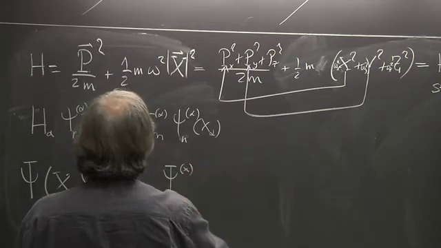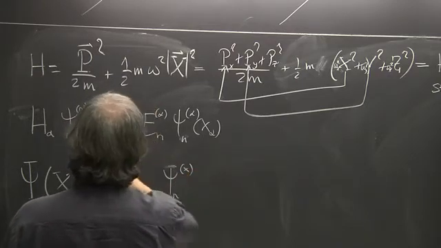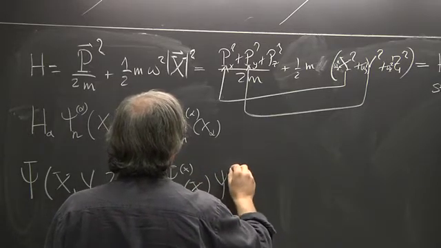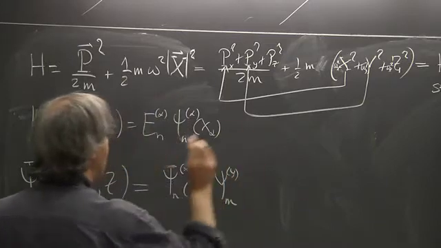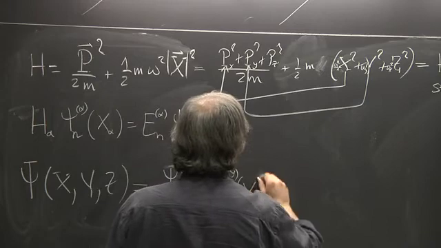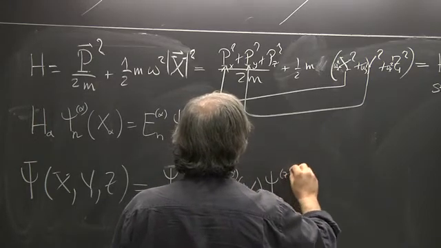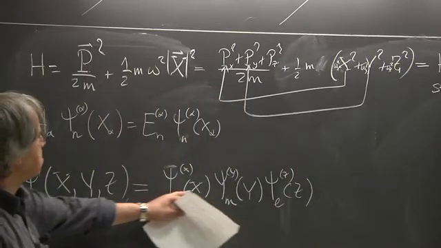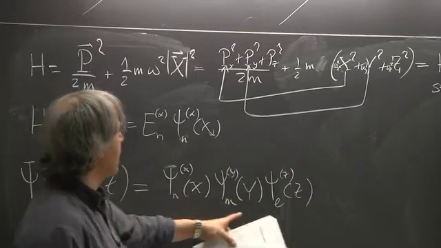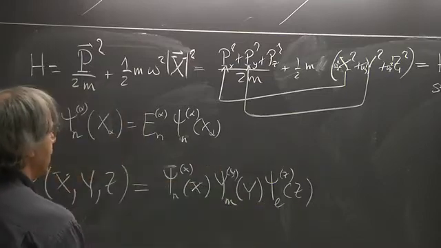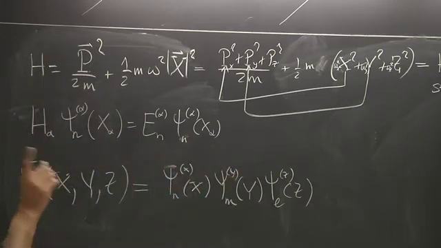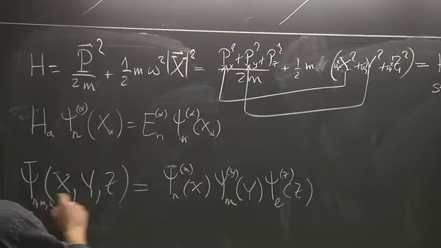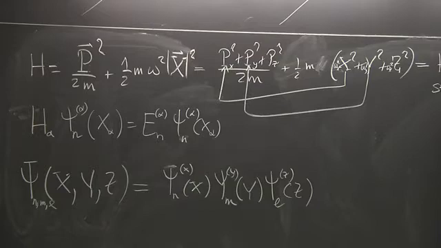So psi x, index, say, n, times psi y, index, let's call it m to distinguish it, times psi z, index L. So in general, three possibly different wave functions with indices n, m, and L from the separate problems, glued together with a product. Obviously, on the left-hand side, the wave function will depend on the collection of indices n, m, and L.